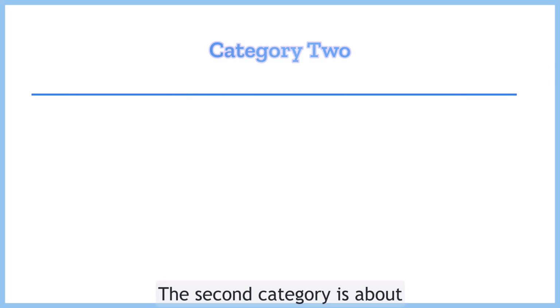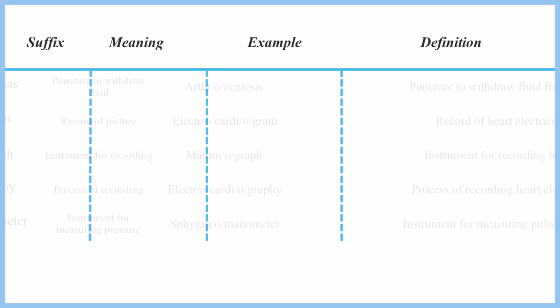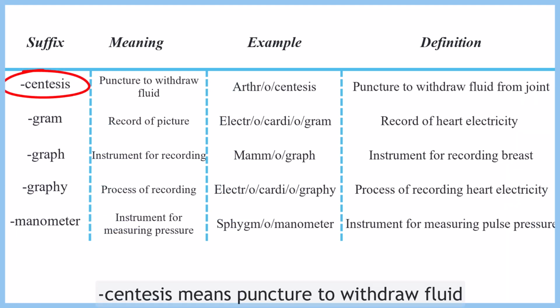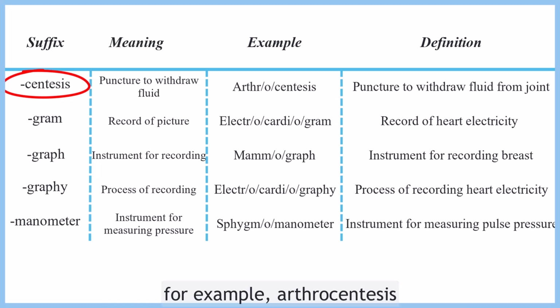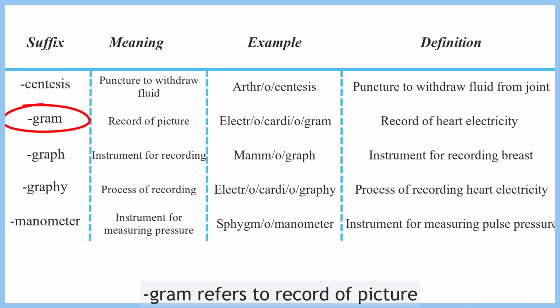The second category is about suffixes indicating common diagnostic procedures. Centesis means puncture to withdraw fluid. For example, arthrocentesis means puncture to withdraw fluid from joint. Gram refers to record of picture.